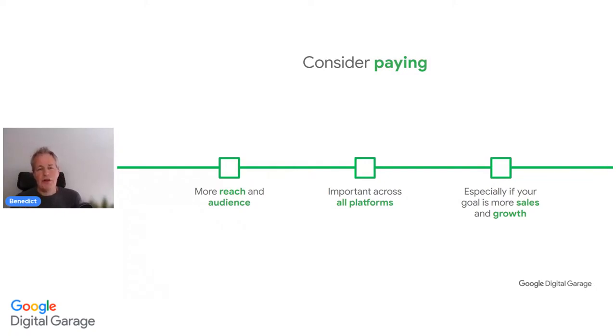A few platforms make it difficult to gain reach without actually paying for it. It works really well if your goal is more sales and growth, particularly, and it's important across all platforms.